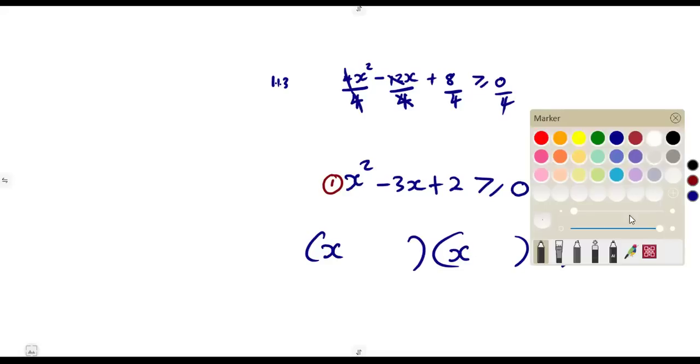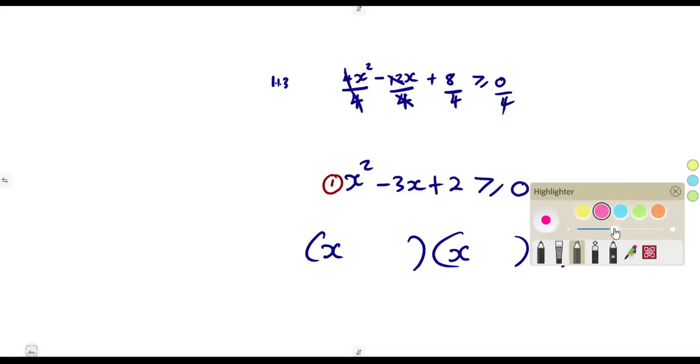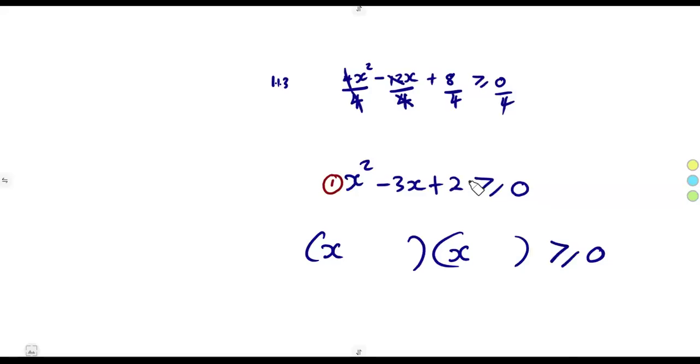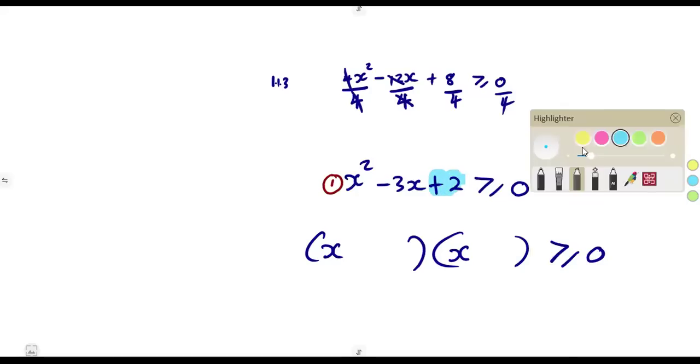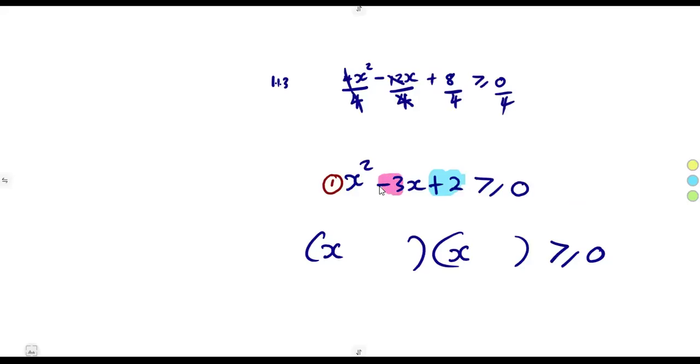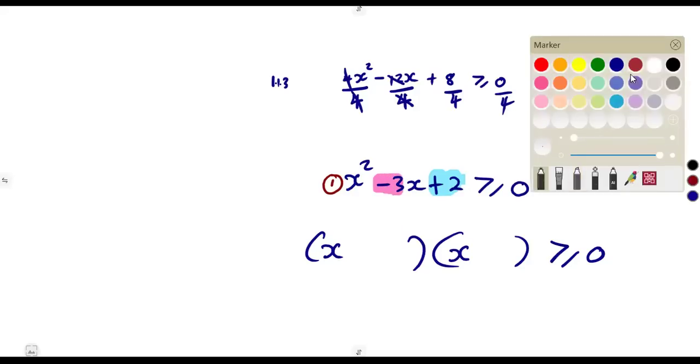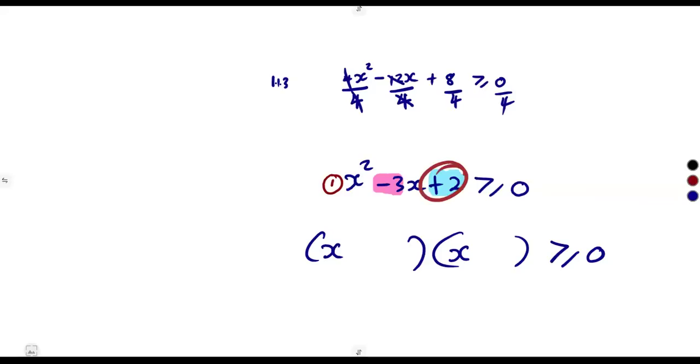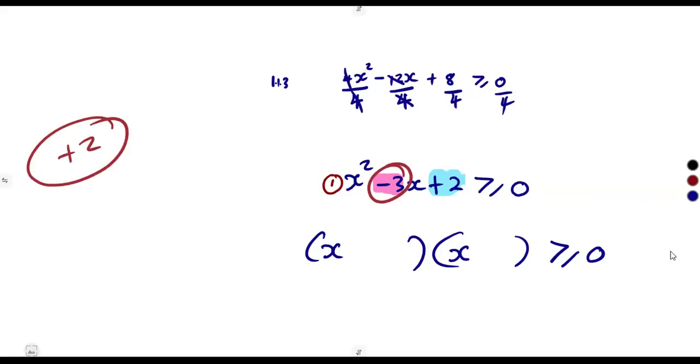Then considering your factorization as a topic, 2 here, your constant. What are the factors of 2? The products of 2, which add up to what? To -3. We need two numbers. You multiply two numbers, you're going to get +2. But when you add these two numbers, you must get -3.